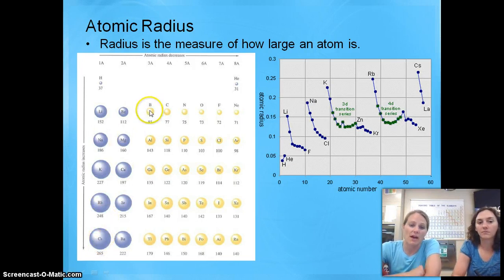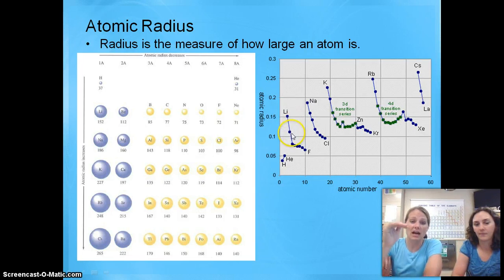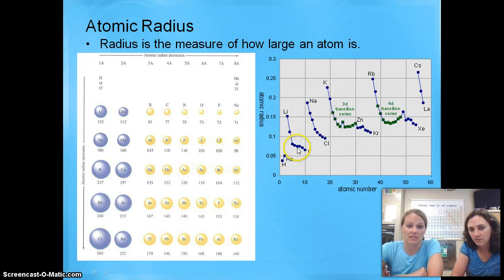The other chart is also atomic radius, but it does not go by group, it goes by row. If you want to find lithium, there's lithium, group 1, and if you move to the next one, that's group 2. We're moving down in radius as we move across a row, through 13, 14, 15, 16, 17, and then 18.